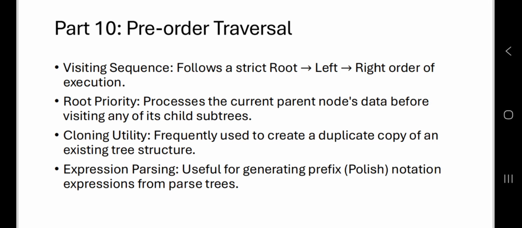This is fantastic for a cloning utility, as it is frequently used to create a duplicate copy of an existing tree structure. It is also useful for generating prefix or Polish notation expressions from parse trees.